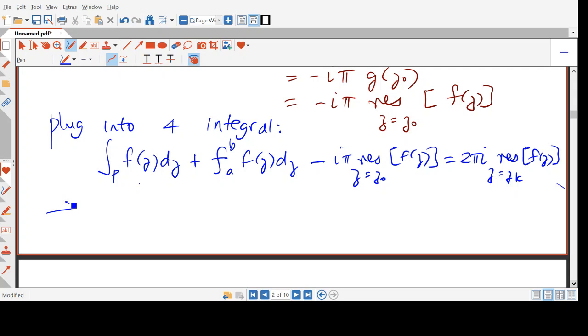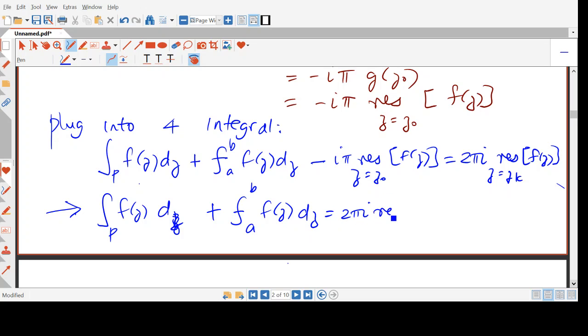Effectively, we get the integral of f of z dz along p. That's not necessarily 0. So this is not applying Cauchy's or Jordan's lemma here because there's no e to the i kx. But you have here the principal value from a to b of f of z dz equal to 2 pi i residue of f of z at all the complex roots plus pi i residue of f of z at all the real roots, z equals z naught.